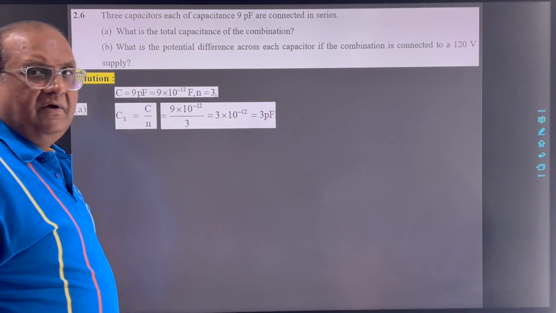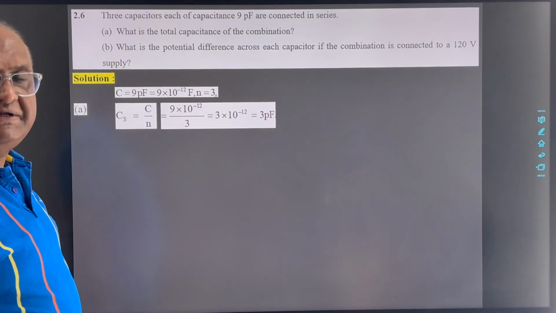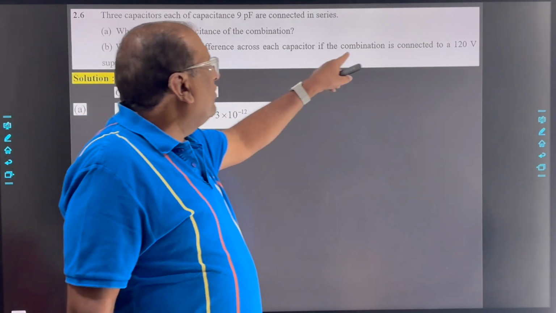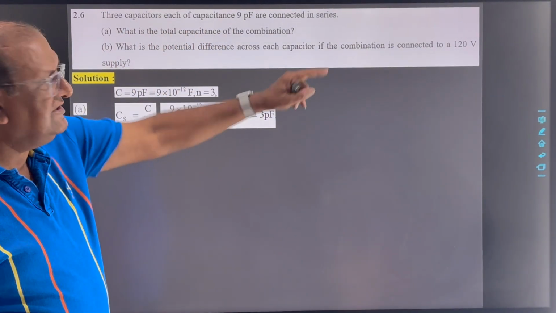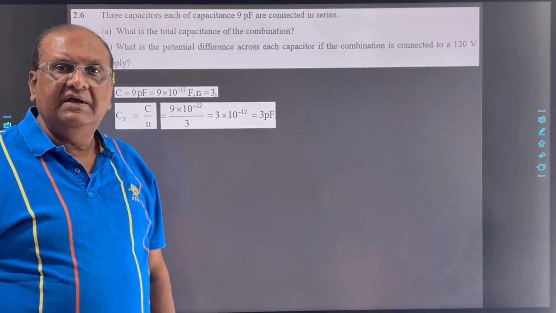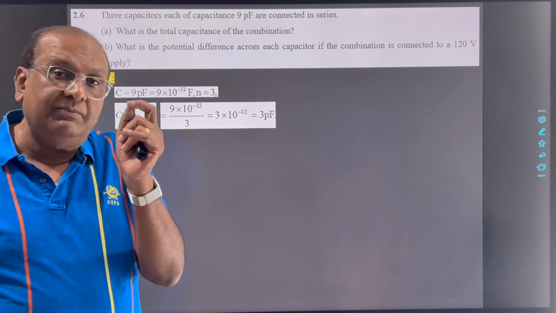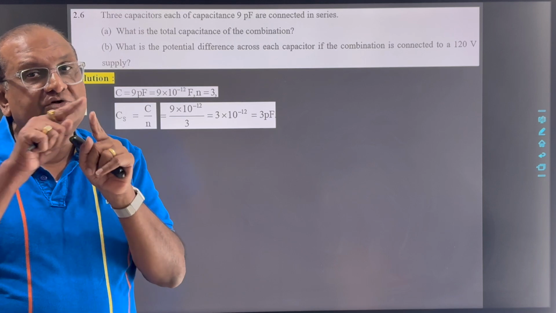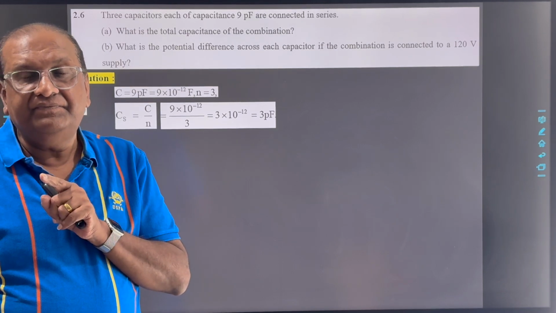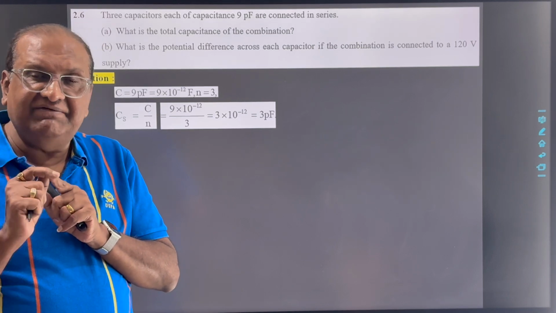Now B. What is the potential difference across each capacitor in the combination? Okay. Now here the total supply voltage is 120 volt. So across each capacitor, suppose we consider the potential differences V1, V2 and V3, because in series combination the charge deposited on each capacitor is the same.